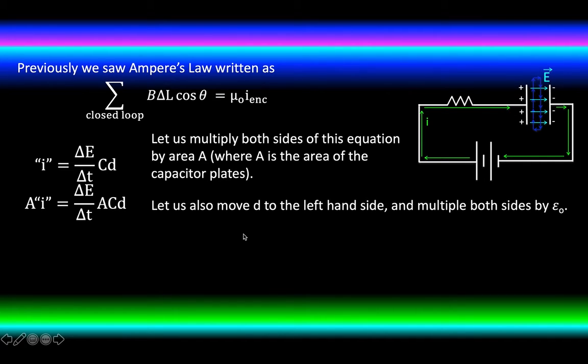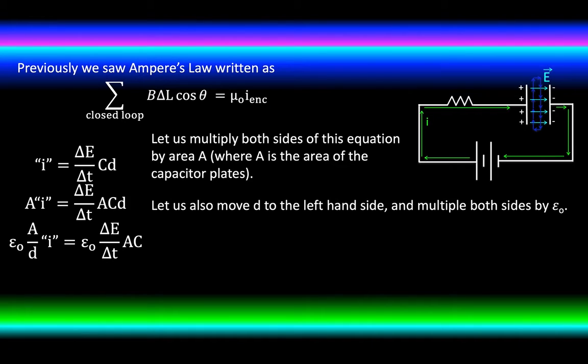Let's also move the D to the left-hand side, so I'm going to divide by D, the distance between the plates, and I'm going to multiply both sides of this equation by epsilon naught, the permittivity of vacuum that we saw way back around the time of exam 1. So if I bring the D on the right side into the denominator on the left side, and multiply both sides by epsilon naught, I get a term that looks something like this.